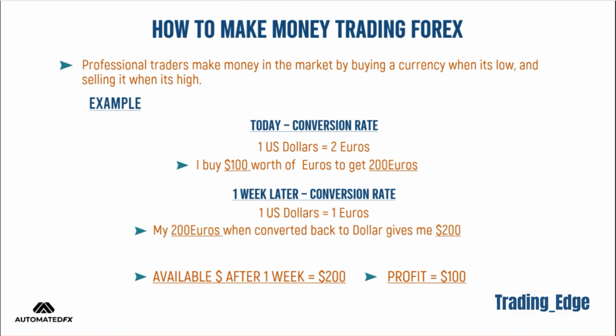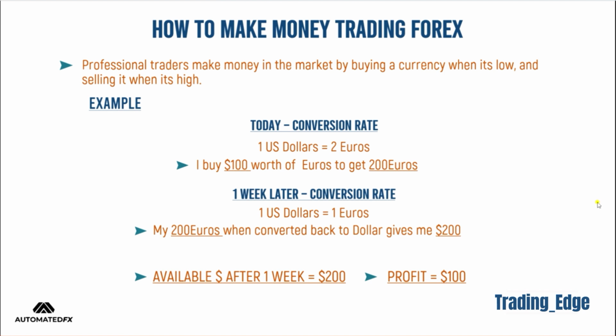So from the comfort of their homes, from the comfort of their offices, people can partake in the Forex market via the internet, of course, with a computer or a phone and with internet access. And that's how technology has made trading Forex easy.